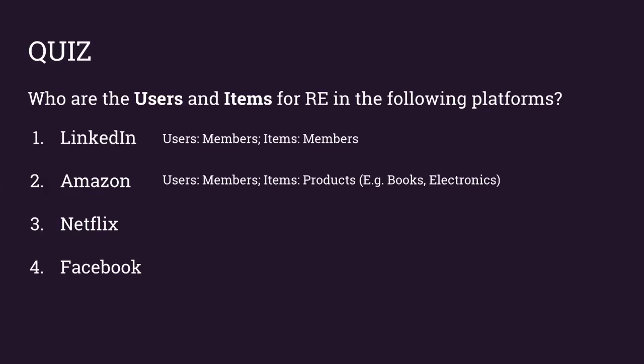Yep, members and films, or any web series, Netflix originals, or anything that they want you to watch. And for Facebook, who are the users and what are the items that they are trying to recommend?